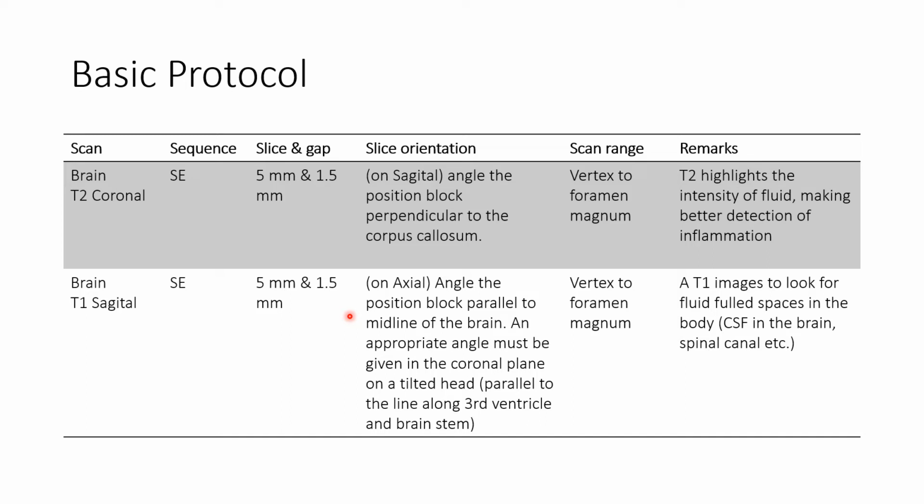An appropriate angle must be given in the coronal plane on a tilted head. And it must be parallel to the line along the third ventricle and brainstem. The scan range, of course, is from the vertex to the foramen magnum. And T1 images are to look for fluid-filled spaces in the body, for CSF in the brain and spinal canal.